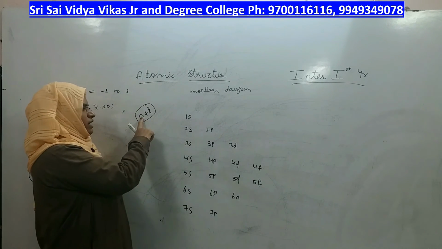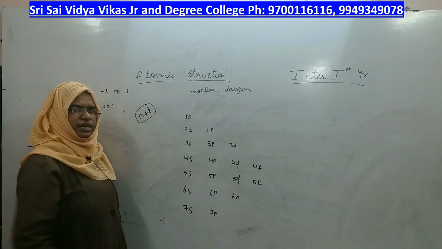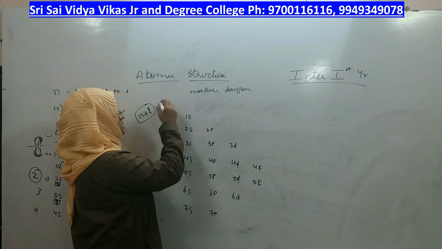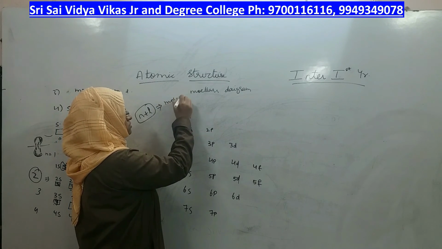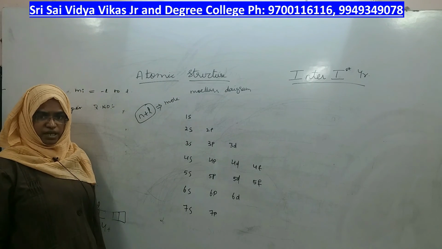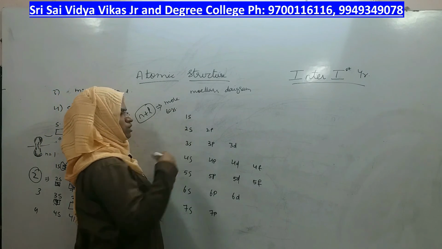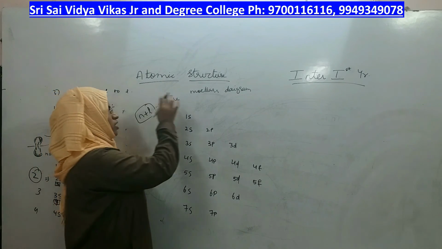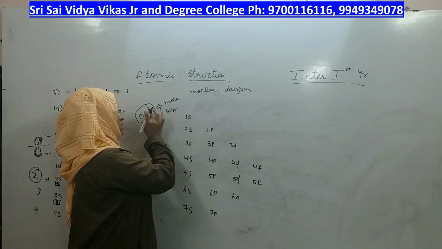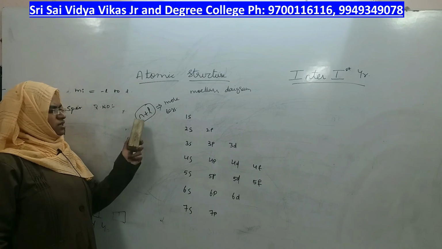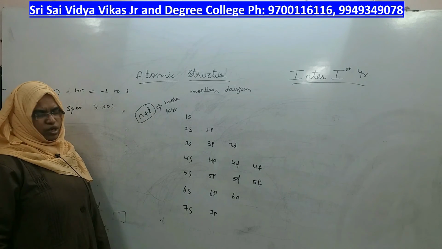If you know the n value and L value, by adding n plus L, whichever has the more n plus L value, the electron should go there. Whichever has the lesser n plus L value, the electron should not go there. Fill the orbital in which n plus L value is more, then go to the next orbital, right? That can be applied by Moeller's diagram.